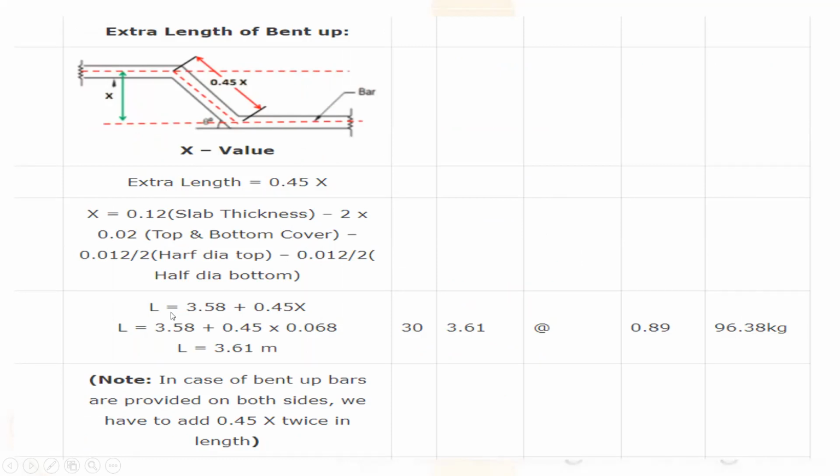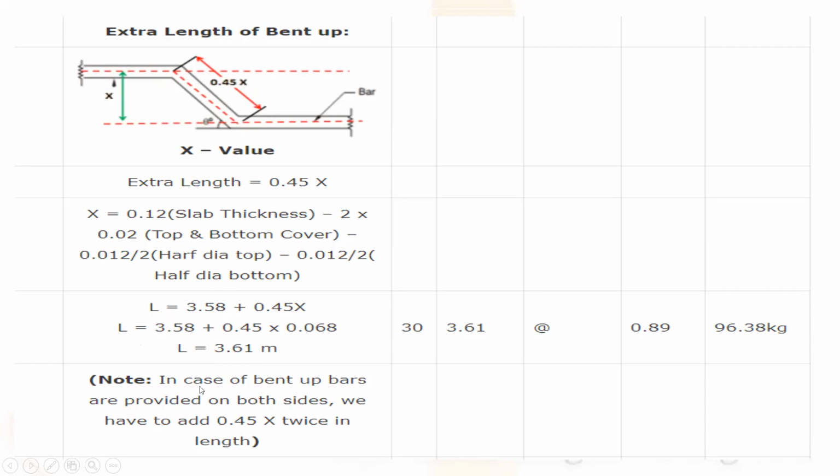L is equal to 3.58 plus 0.45 into 0.068. That means 3.61 meter. The number of bars, 30 bars, 3.61 is the length. Weight is 0.89 kg. So it makes 96.38 kg.